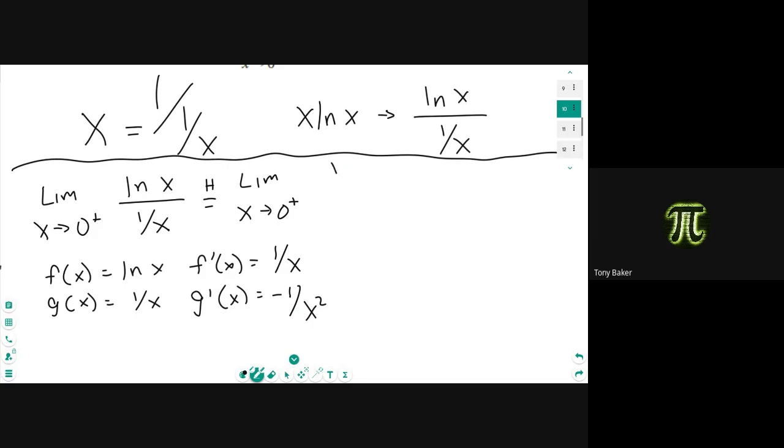So I have 1 over x over negative 1 over x squared, which ends up giving me negative x. You can start to see how things are building on themselves.